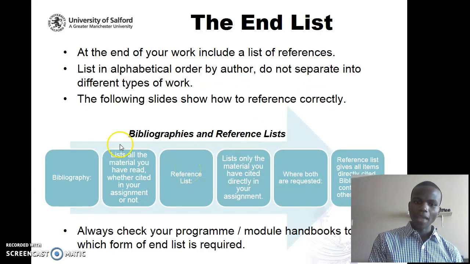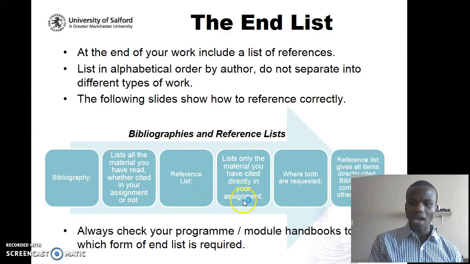Guys, some people don't know the difference between a bibliography and a reference list. A bibliography is the list of all the material you have read, whether cited in your assignment or not. But a reference list lists only the material you have cited directly in your assignment.